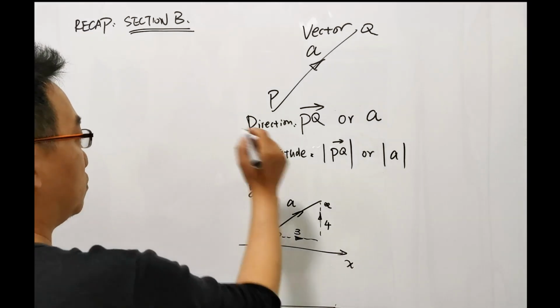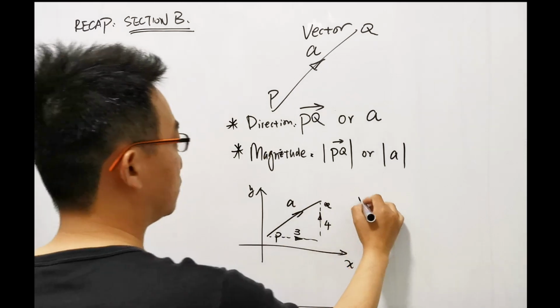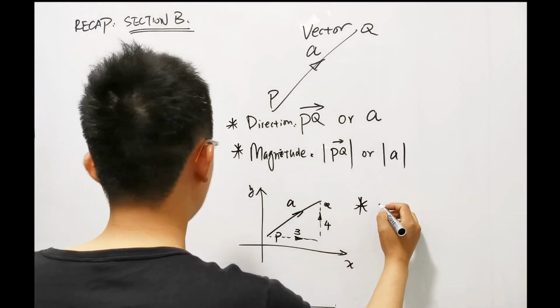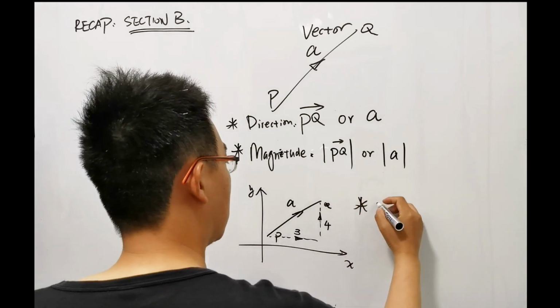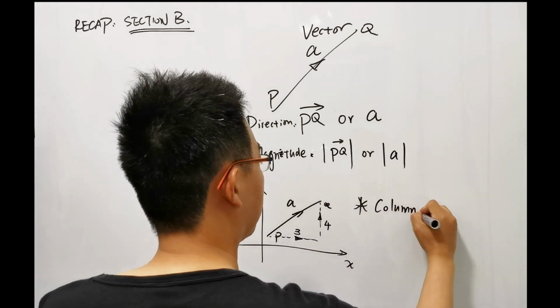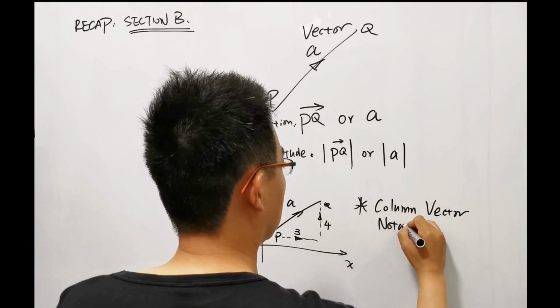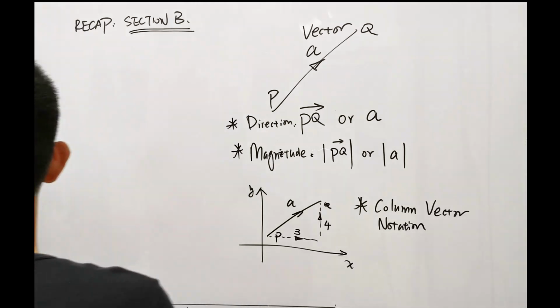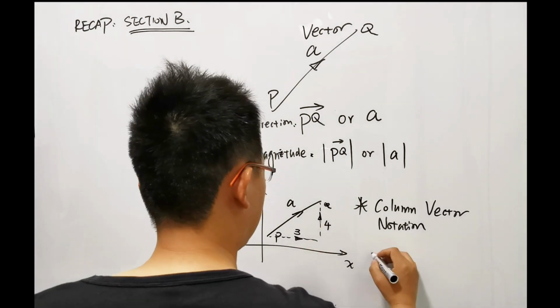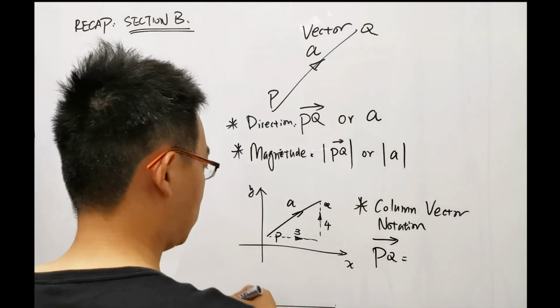Then we will use the column vector notation. How do we use that? Basically from P to Q, we write it in this way.